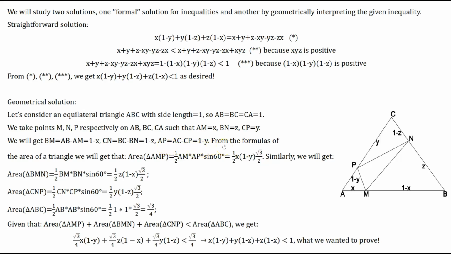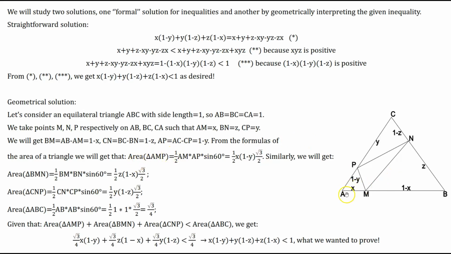Now, for the formulas of the area of a triangle, we will get the following formulas for triangle AMP, triangle BMN, and triangle CNP. For the area of triangle AMP, we will have half of the multiplication of two sides multiplied by the sine of the angle MAP, which is equal to 60 degrees, because triangle ABC is equilateral.